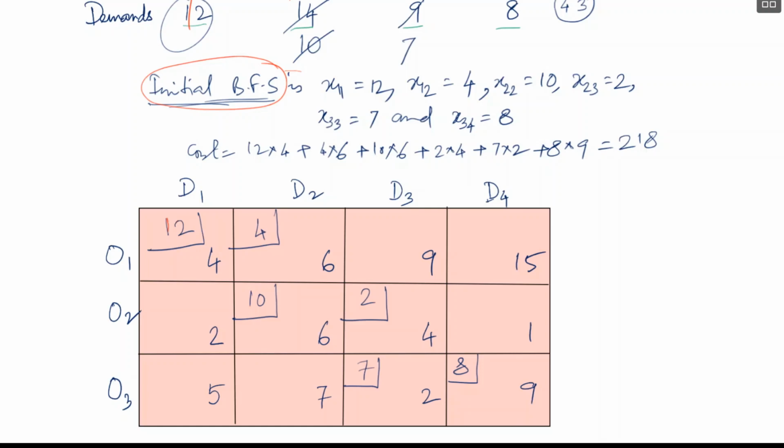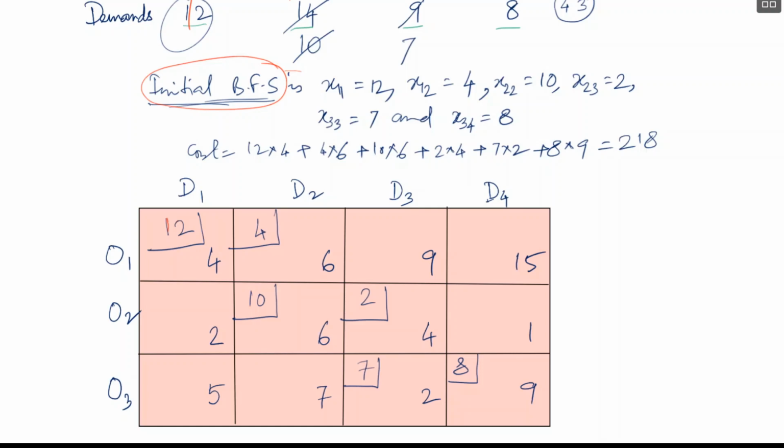So m plus n minus 1 is 3 plus 4 minus 1, that is 6. So our solution, this one, is a basic feasible solution. As we know, in a basic feasible solution, the number of variables which can be present at non-zero value is m plus n minus 1.